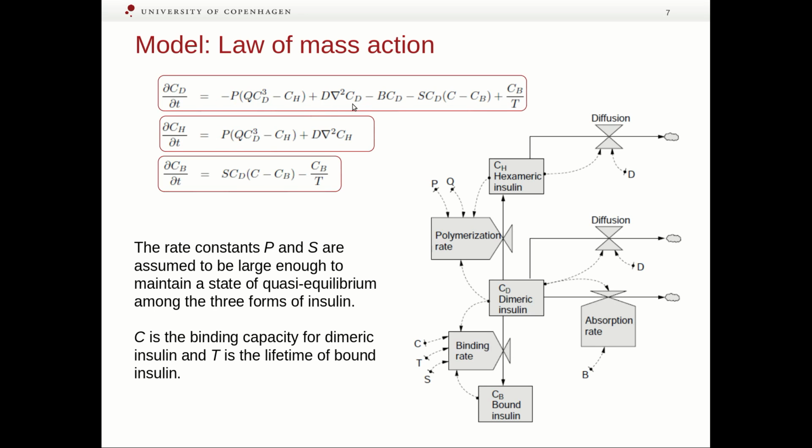Dimeric insulin diffuses in the tissue, and this is assumed now to have the same diffusion constant as the hexameric insulin. And finally, as the only one of the free versions of insulin that can be absorbed, we have the dimeric insulin, which is absorbed directly from the tissue and into the blood vessel at the injection point.